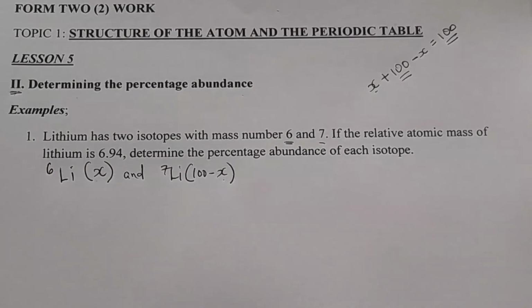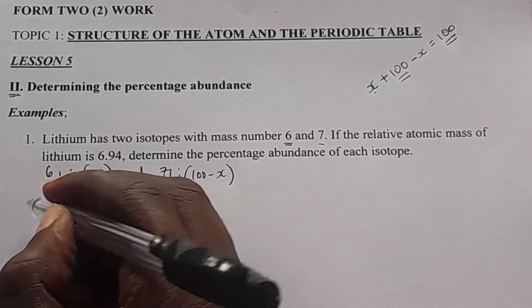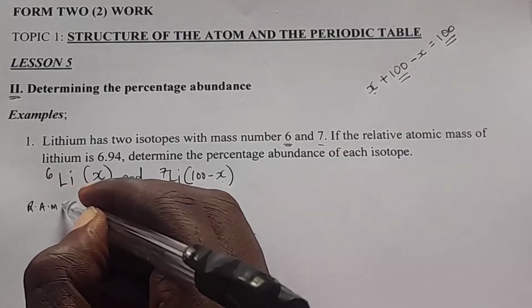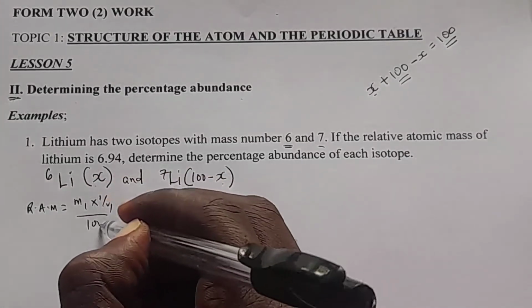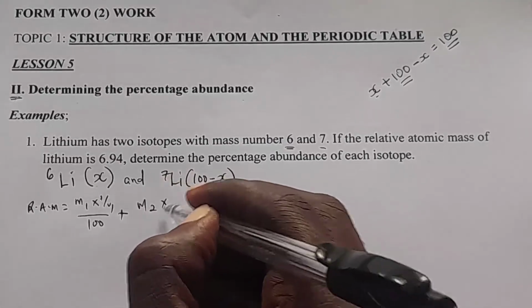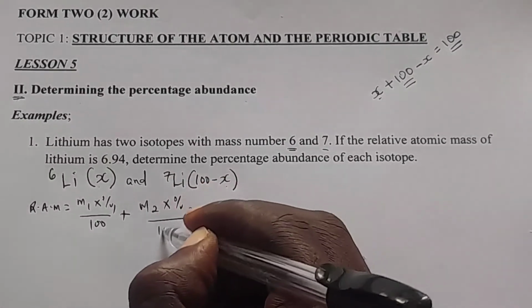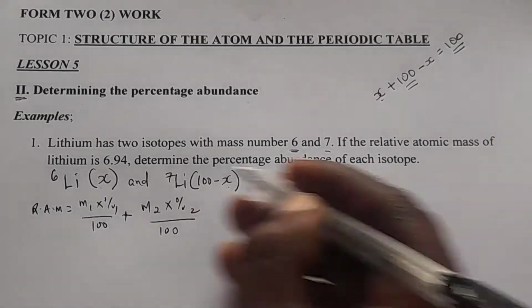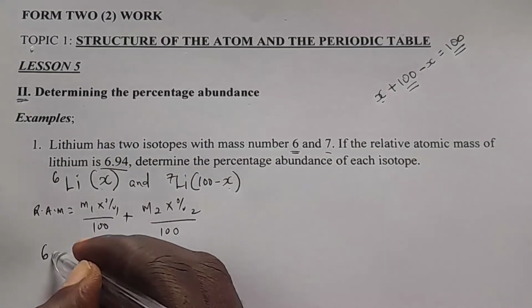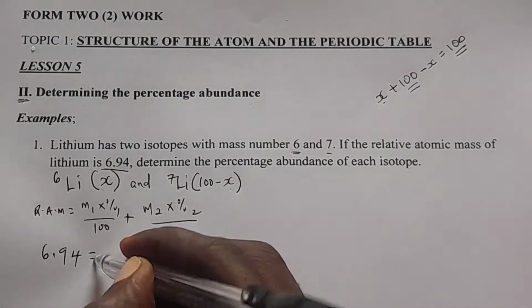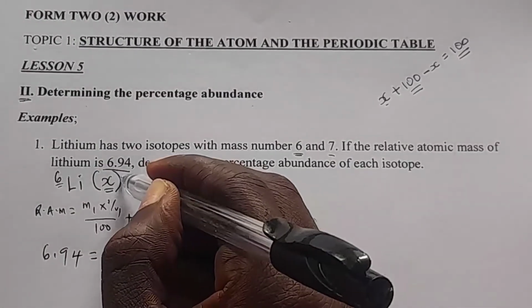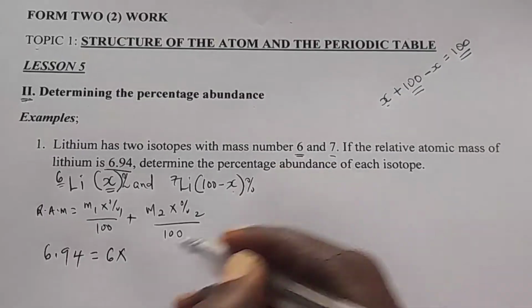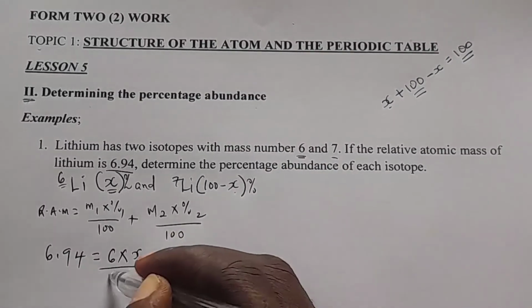Okay, if it's like that, remember the formula that we were using to calculate relative atomic mass. Relative atomic mass, we were using mass number 1 multiplied by percentage number 1 divided by 100 plus mass number 2 multiplied by percentage number 2 divided by 100. So here, we are having our relative atomic mass as 6.94, which will be equal to my mass number, which is 6, multiplied by percentage number 1 here, which is X divided by 100.